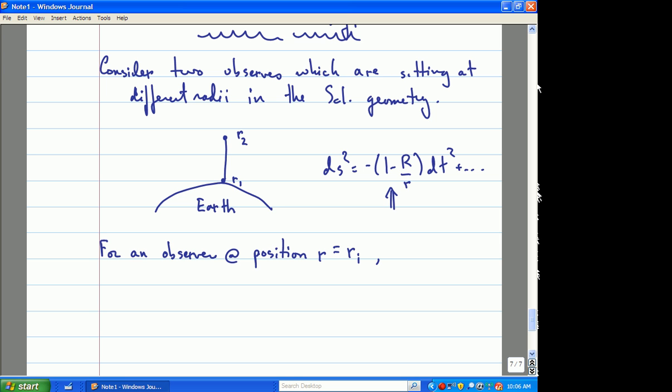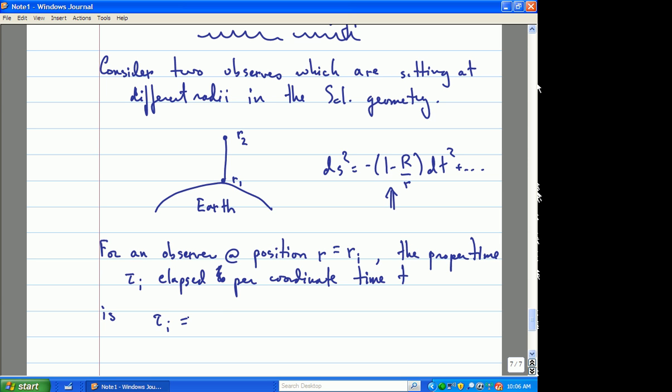And in particular, for an observer at fixed position Ri, the proper time, which I will call tau i, elapsed per coordinate time t is given by tau i is proportional to t, but with a constant of proportionality that involves the factor 1 minus the Schwarzschild radius over r that appears in the metric.